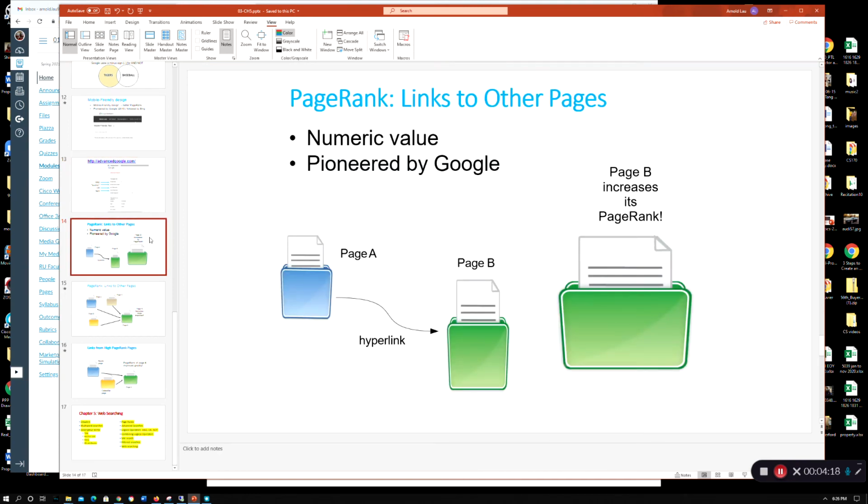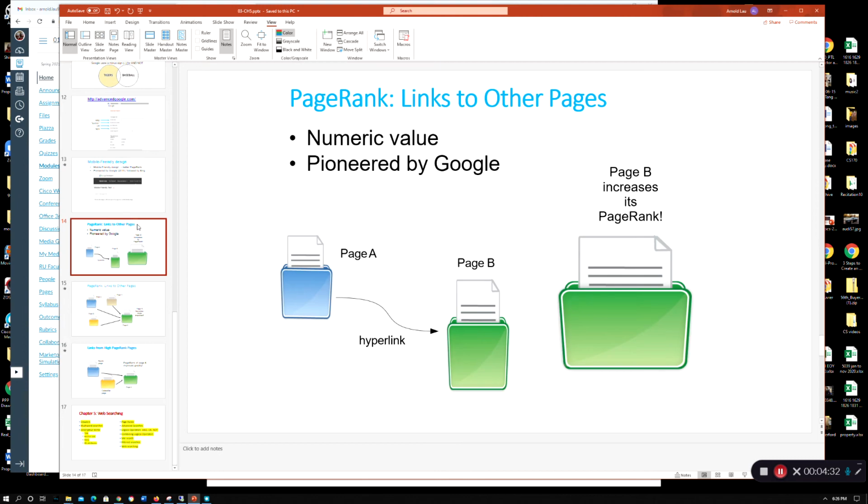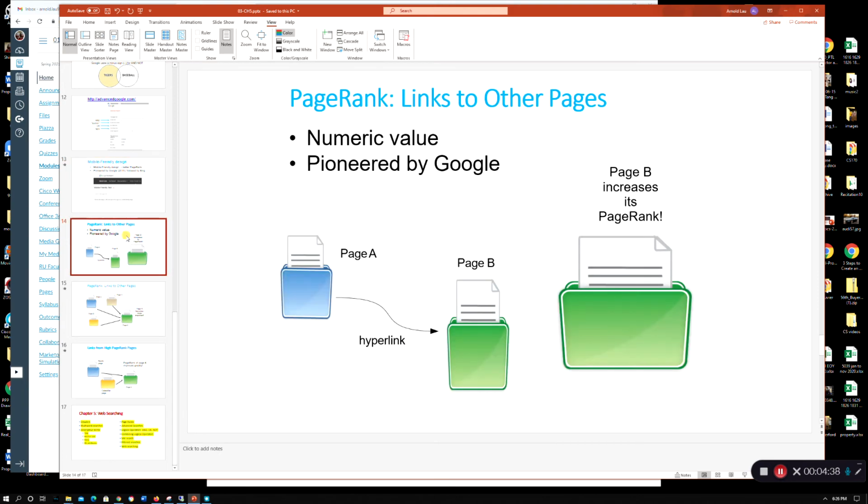All right, so this goes back to the ranking. Probably I should put this down to here, so the ranking topic is more put together. Being mobile friendly is certainly one way to increase your ranking. Another way of looking at ranking is the more historical way.